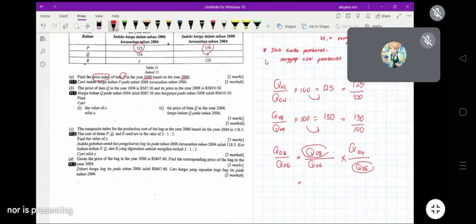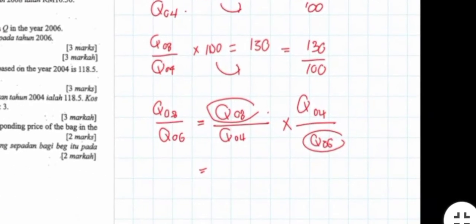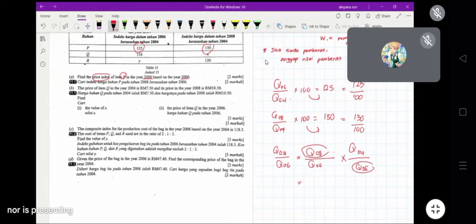So we continue. Since we have to find year 2008 based on 2006, you can see the one she wrote over here. That will equal 2008 per 2004 darab dengan 2004 per 2006.